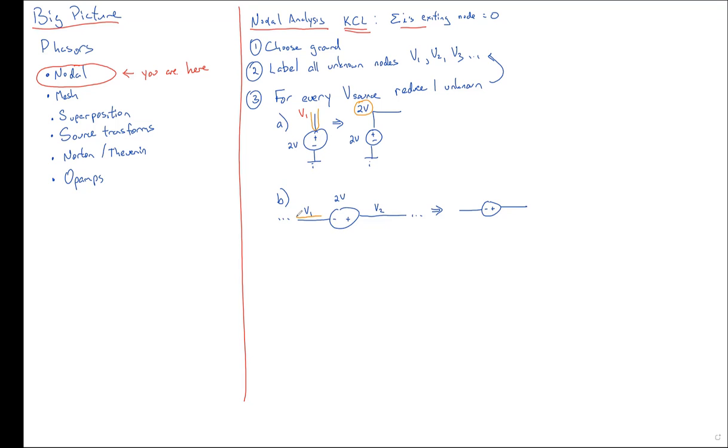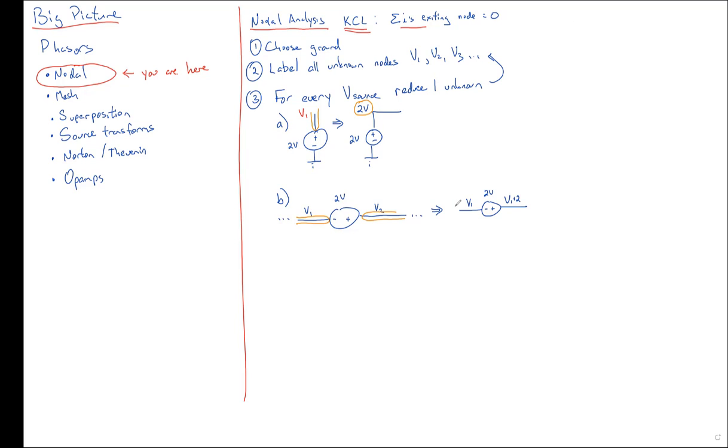Here, you started off with a node to your left, and you started off with a node to your right. It's completely arbitrary which node you decide to get, which voltage source you decide to get rid of. I'm going to get rid of V2. So if we call this thing V1, and if this is 2 volts, this guarantees that the right side will be 2 volts higher than the left. So this must be V1 plus 2.